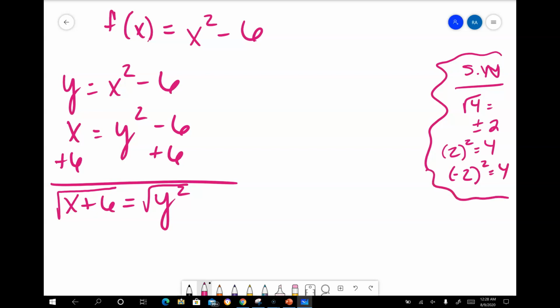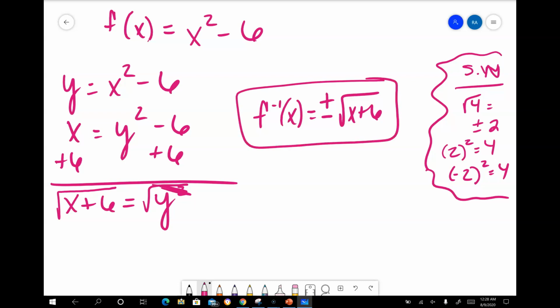Okay, so that's where the plus and minus comes from. So when we write this, because the square and the square root cancel, y is by itself, it'll be f inverse of x equals plus or minus the square root of x plus 6. Okay? Anytime you take the square root of something, you gotta have the plus and the minus. Okay? Don't forget.